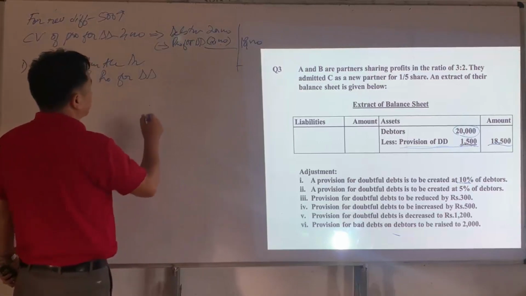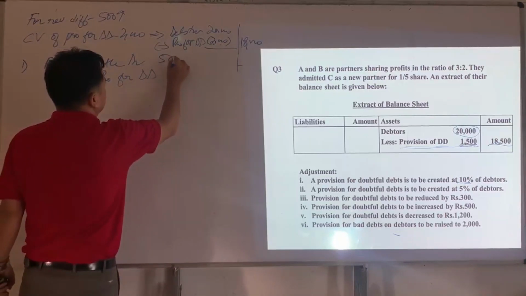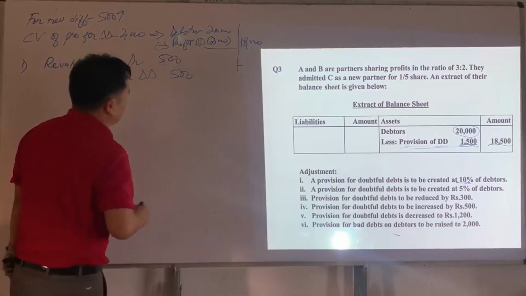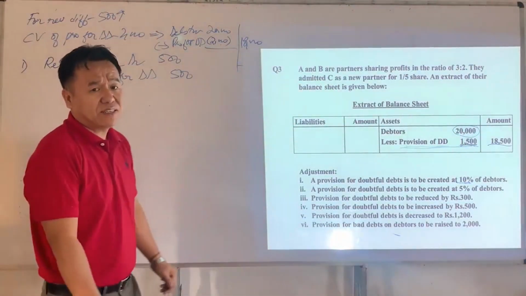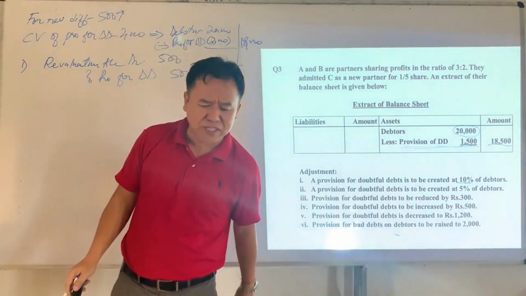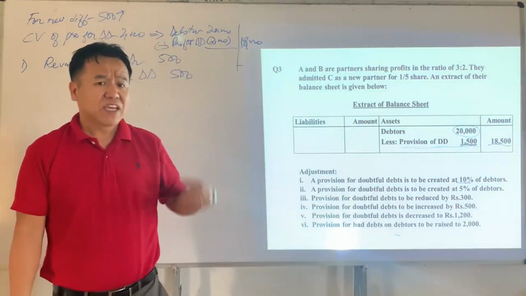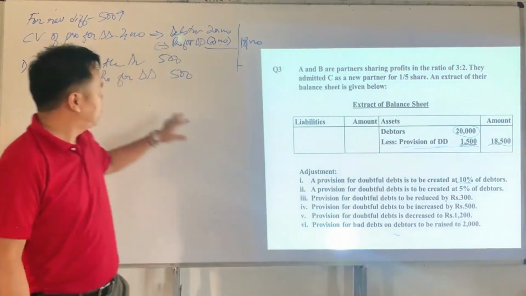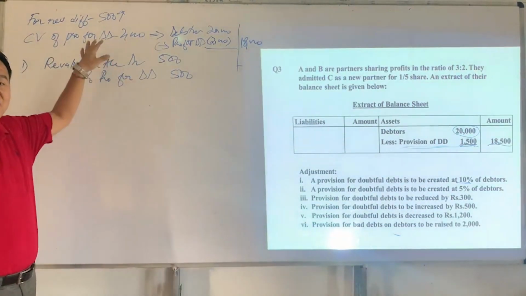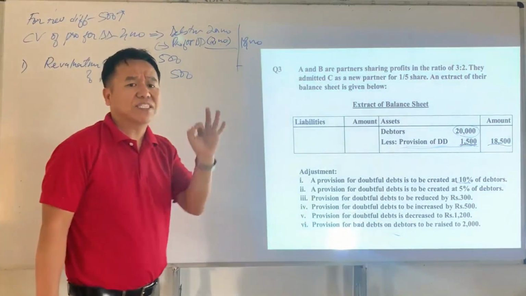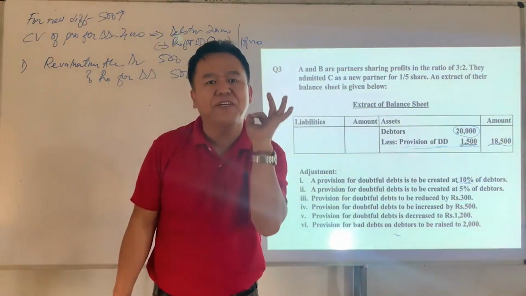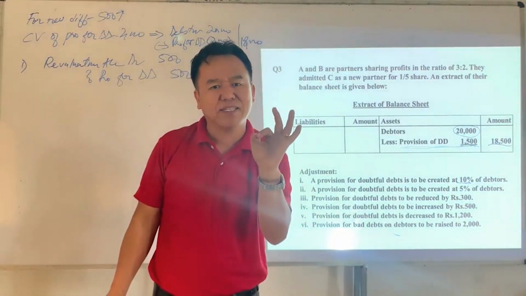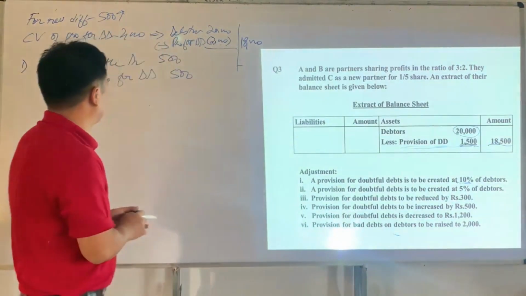So we have to write rupees 500. So why provision for doubtful debt is credited here? Because provision for doubtful debt being a liability to the firm, if liability increases, it should be credited. And why revaluation account is debited here? Because there is a loss on account of increase in the value of liability. If liability increases, there will be a loss.